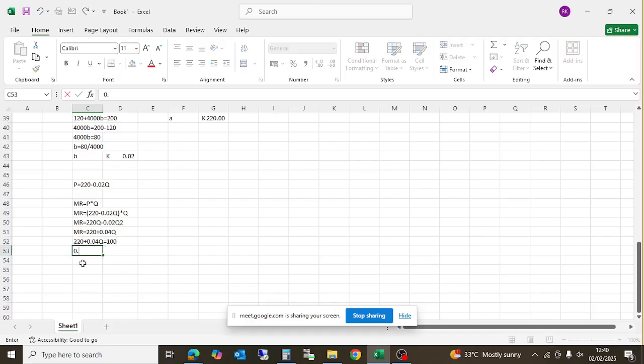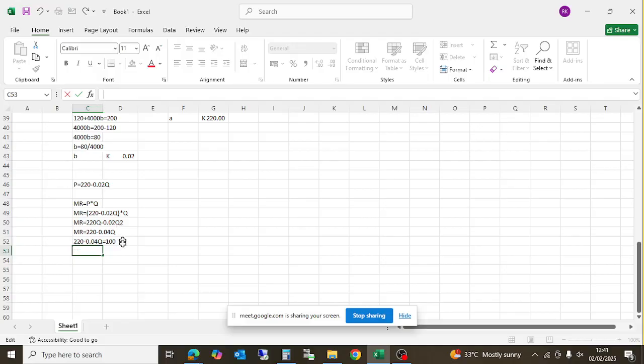Then what do we do next? 0.04 Q is equal to 100, and this is actually a negative. It won't really allow me to show it, but it's a negative.